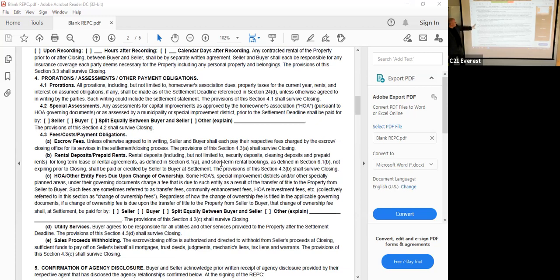The next piece is going to come down to your HOA fees and transfer fees. Because of the crash that we had back in 2007, 8, and 9, there are a lot of HOAs that got hammered from that because people let their houses go into default.